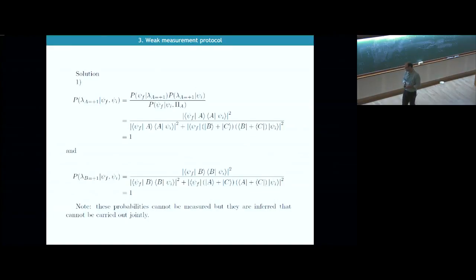So the weak value depends on the final post-selected state. This in standard quantum mechanics is just a transition amplitude, right? It's not a probability. And the weak value is actually the ratio of 2 transition amplitudes, one with the interaction and one without.